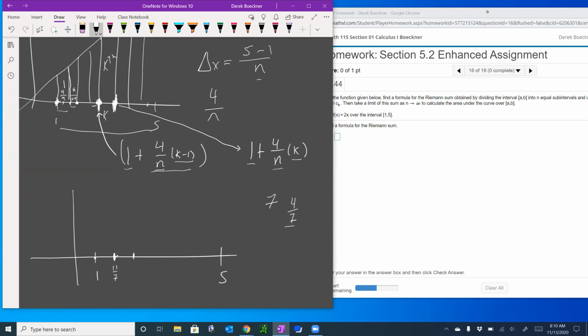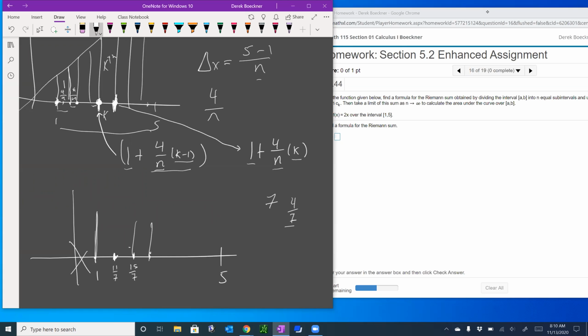And that is still the left-hand endpoint of the second rectangle. So I still only want to add 4 over 7 one time to get to the left-hand endpoint of the second rectangle. For the third, I'm going to be at 15 over 7. And so if I'm looking at the third rectangle, sorry, that's the fourth rectangle. Nope, because we're starting here.